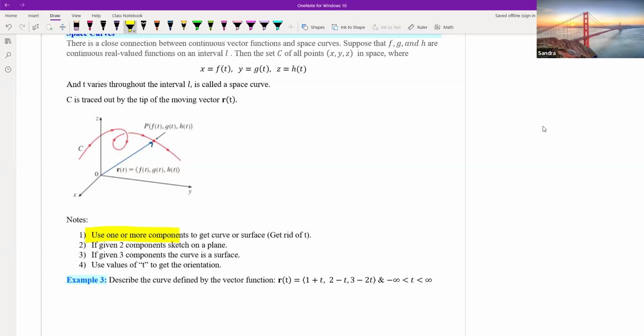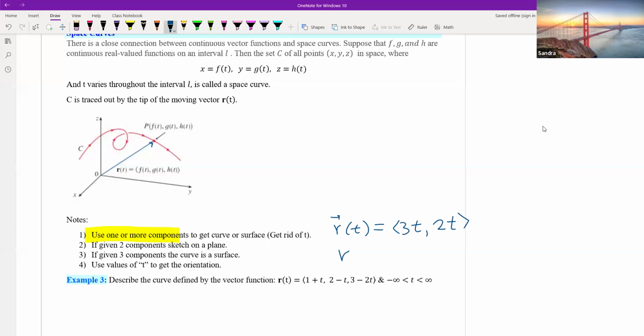Second, we're going to make an observation. If they give us two components, let's just say r of t is equal to 3t and 2t, for example. That's two components.